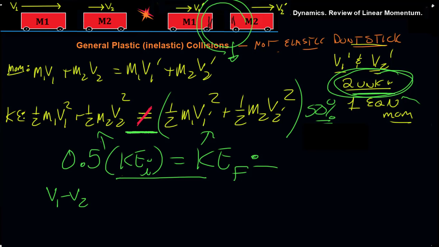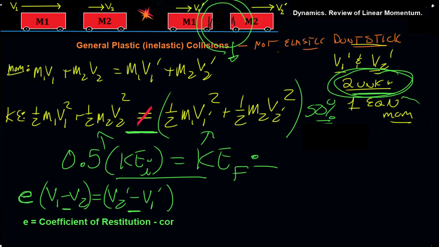We say that V1 minus V2 is equal to V2 prime minus V1 prime. Relative velocity of approach is equal to the relative velocity of separation. We can multiply this by E, which is called the coefficient of restitution, or COR, and this represents the loss of energy during the impact event and allows us to solve for generally plastic equations.